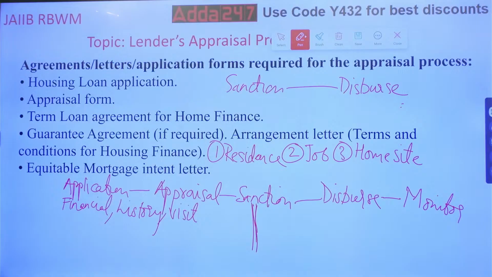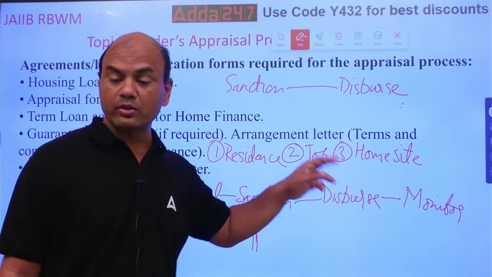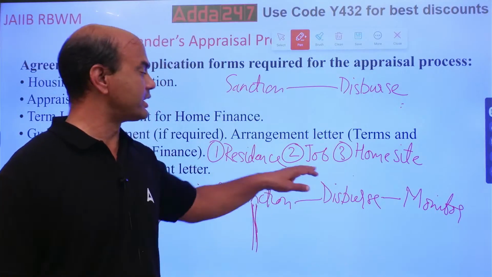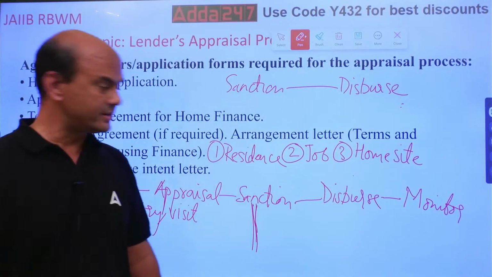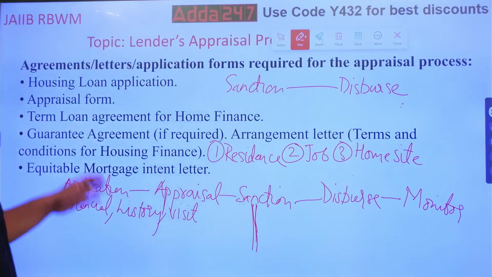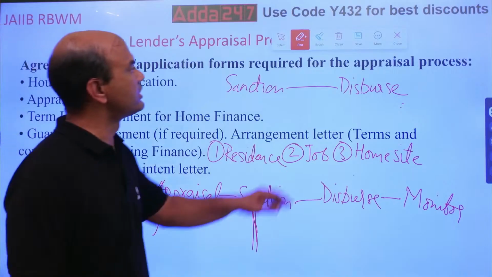I have to check whether the person actually resides at the existing place. I have to check whether the person actually is working at the job place. I have to see that the house is being built over there. Otherwise, everything is okay and the house is not built. Then why am I giving the home loan? Isn't it?